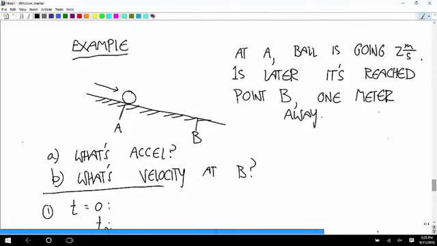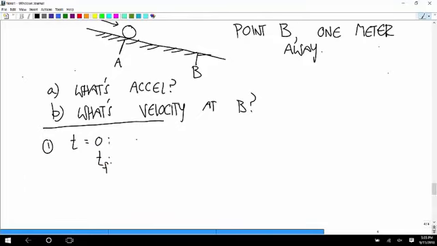Yeah, the instant it passes A. And why do we want to choose that? It's easy because that's where we are given a bunch of information. We know the speed there, we can turn that into a velocity. We know the position in comparison to B. So we're given information there. And what do we want to call time final? Yeah, the instant it passes B.